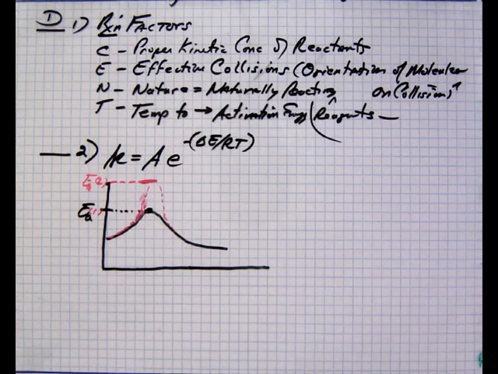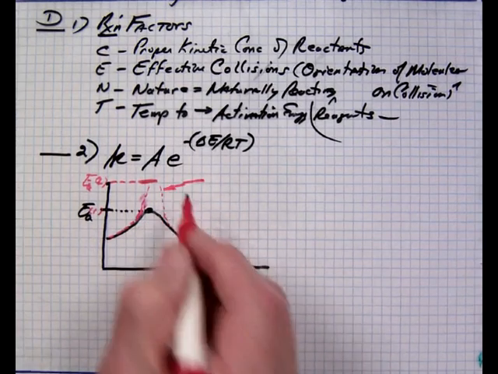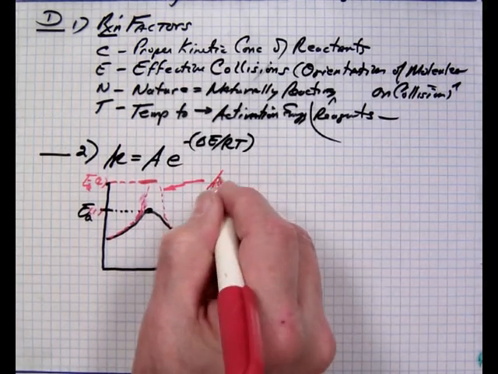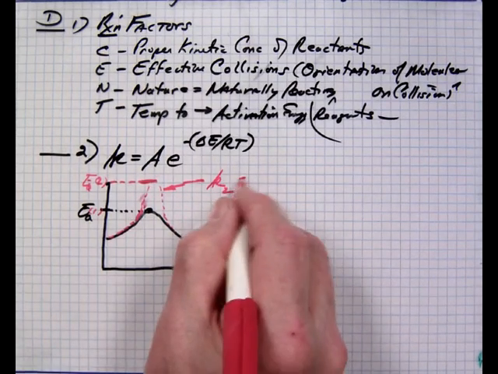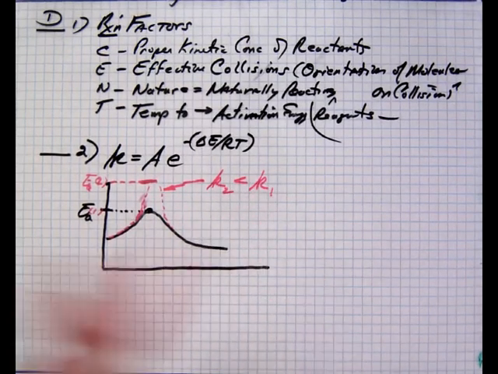The way I like to remember this in a generic way is kind of like running across a mountain. The higher the hill, the harder it is to get over. And it's going to take you longer to get across the hill. So this would have a K value, we call it the K value for EA2, less than K1.